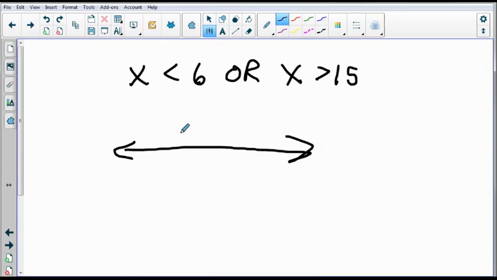Draw a number line. I only care about two numbers, 6 and 15. Open on the 6, goes to the left. That's a K1, K2 problem. Over here, open on the 15, goes to the right. And that's what ors look like. So that's how you do K12. If you have any questions, just let me know. Thank you very much.